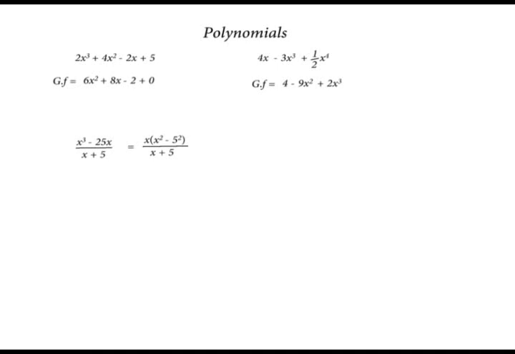The difference of two squares is the product of the sum and the difference. So x squared minus 5 squared is the same as x plus 5 times x minus 5. And now we multiply by x over x plus 5. So x plus 5 will cancel out and we remain with x squared minus 5x. And so the gradient function of that will be 2x minus 5.